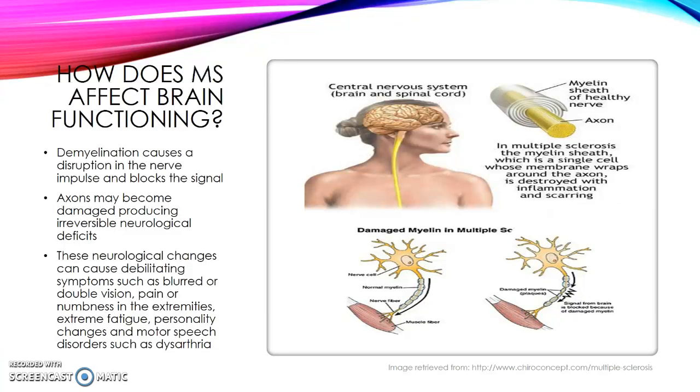Due to these neurological changes, it can cause debilitating symptoms such as blurred or double vision, pain or numbness in the extremities, extreme fatigue, personality changes, and motor speech disorders such as dysarthria, which are commonly caused by muscle weakness, muscle spasms as well.